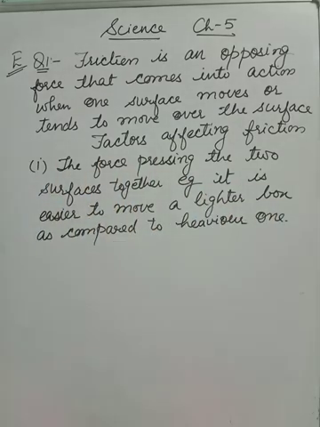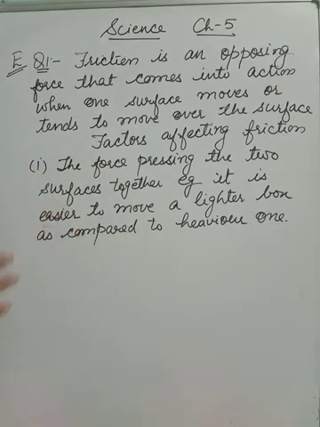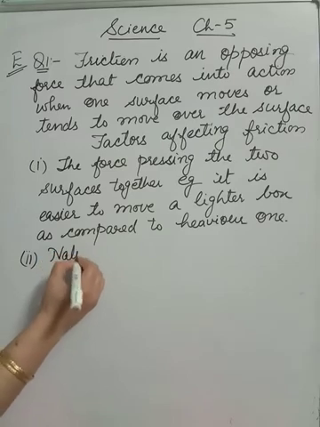This is because in the case of a lighter box, the force pressing the two surfaces, that is, between the floor and your box, will be less. So less friction is offered and it is easier to move. While for a heavier box, the force of friction will be more because of the more force pressing the two surfaces together.